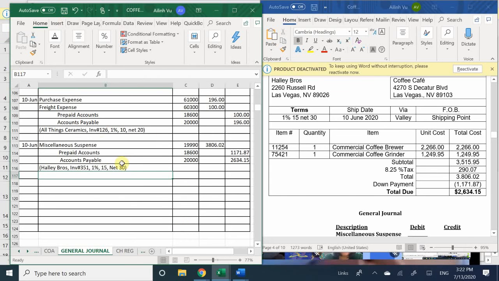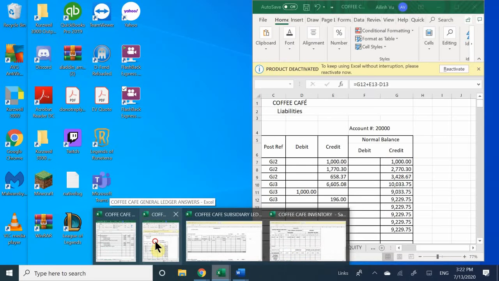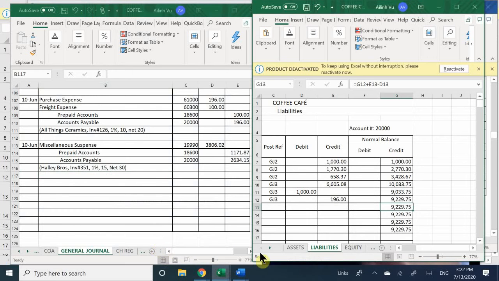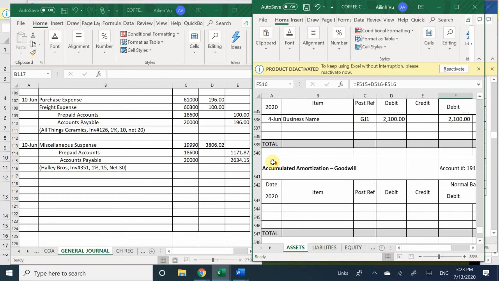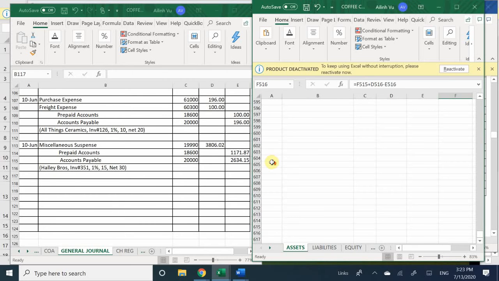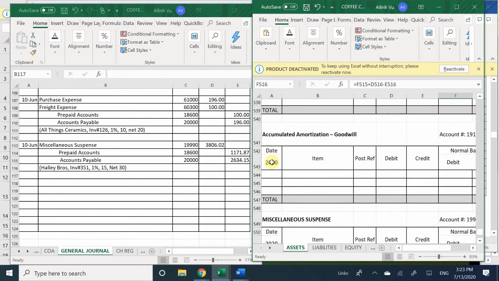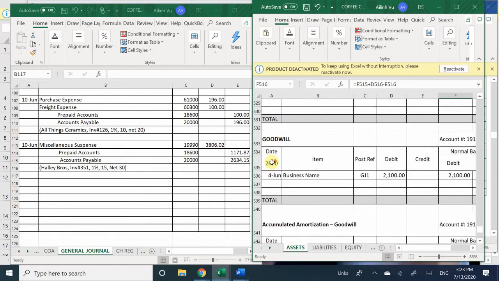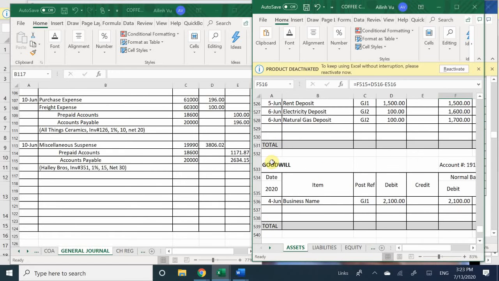Now that I've indicated this, let's update our ledger with appropriate accounts. So here, I'm going to find my miscellaneous expense. That should be page 16.